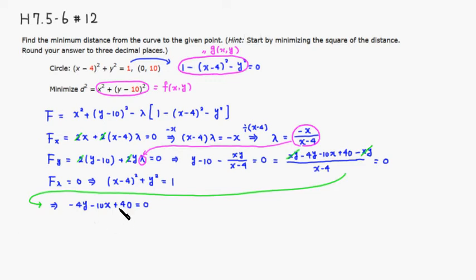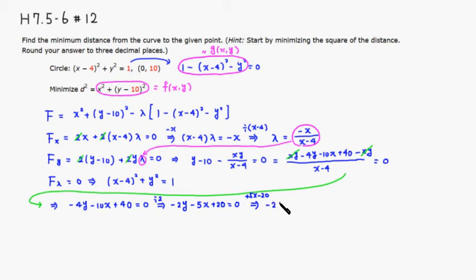First thing I would do is divide through by 2, because everything seems to have a 2 in it. So you have negative 2y minus 5x plus 20 equal to 0. Then we're going to add 5x and subtract 20 from both sides.